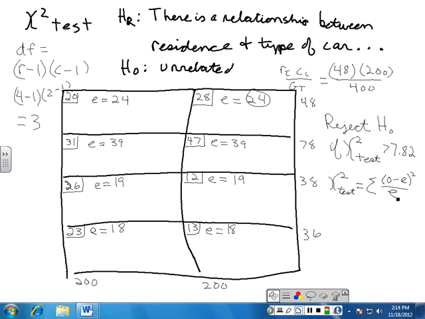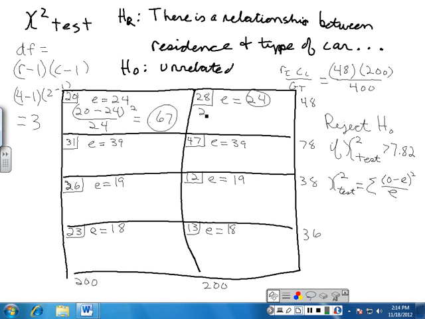So here we'll have the observed value, 20, minus the expected value, 24. Square that and divide by 24. And you should get 0.67 for that. I'm going to circle that just to make it easier to see when I go to do my adding.